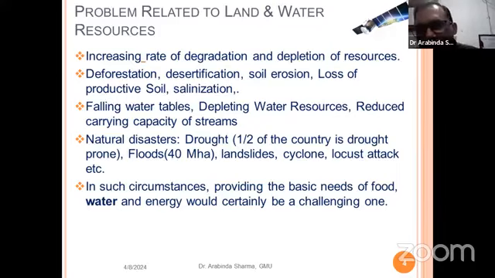Then there is loss of productive soil through erosion, because the topsoil is the most important layer in the Earth's crust. Not only in terms of productivity, it also acts as a storage house for moisture and water. A good amount of water is stored in the topsoil, because if you move further down, we will have only rocks, and rock cannot store water directly. Rock can store in some geological formations in the form of aquifers, but that cannot be used directly by any plant or vegetation.